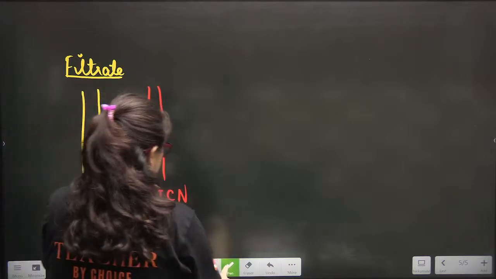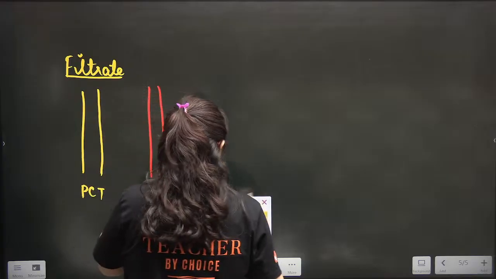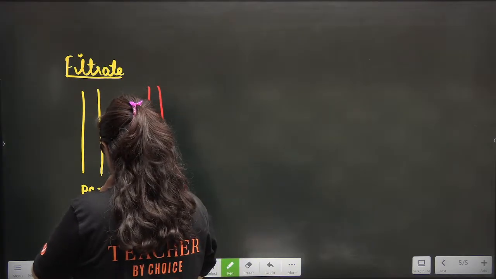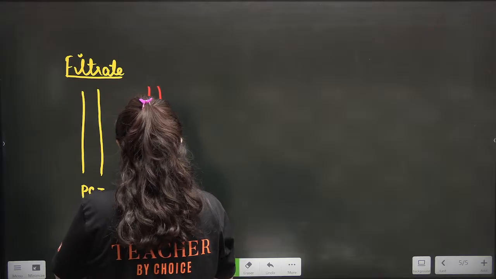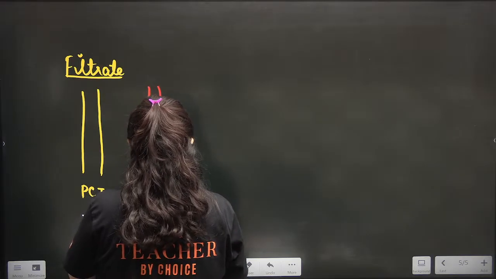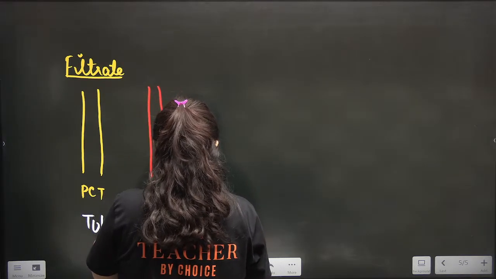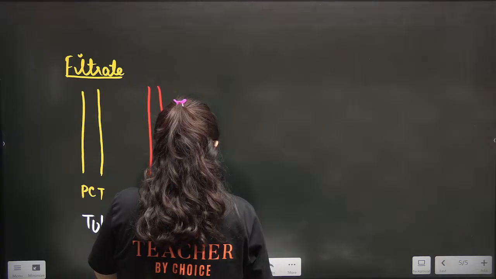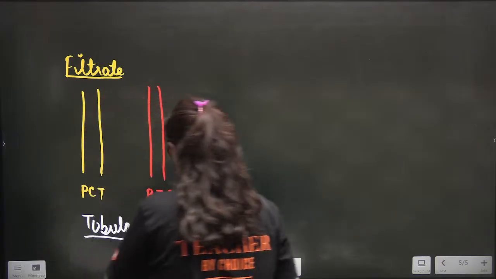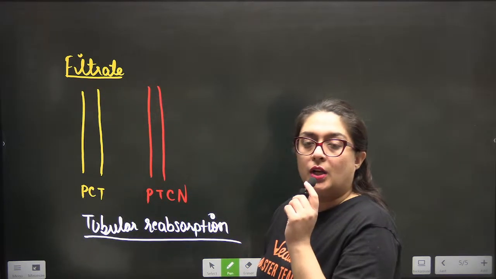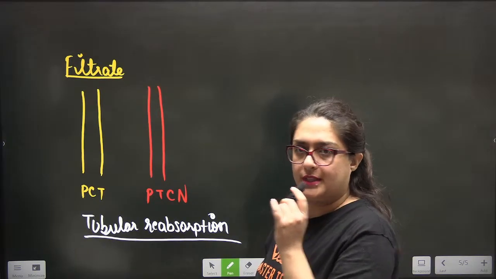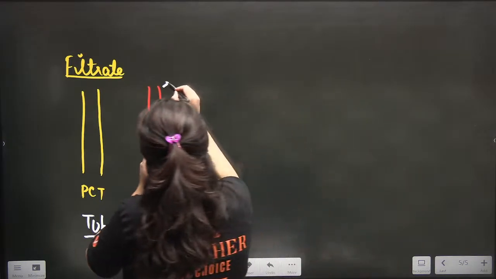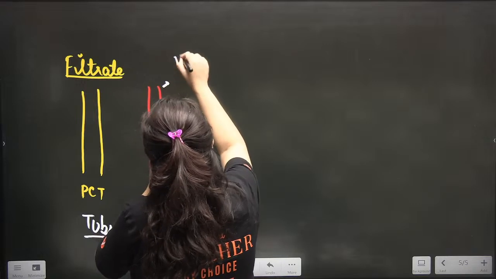Now, in the case of tubular reabsorption, suppose the filtrate still has good substances. The PCT is generally the main entry into the blood.